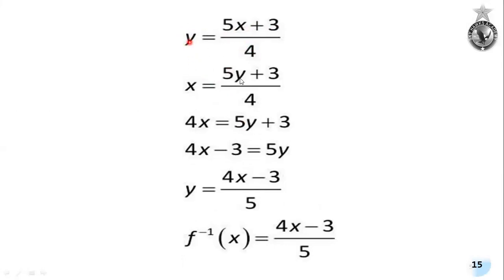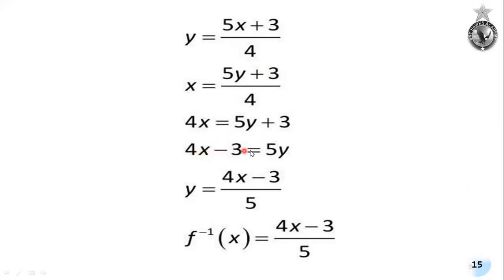Now once again, the interchanging of x and y. So y is coming over here, x is over here. In this way, we are cross multiplying. So this will become 4x on the left, and this will remain as it is, 5y + 3. From here, 4x and this 3 is coming over to the left hand side, so this will become negative.